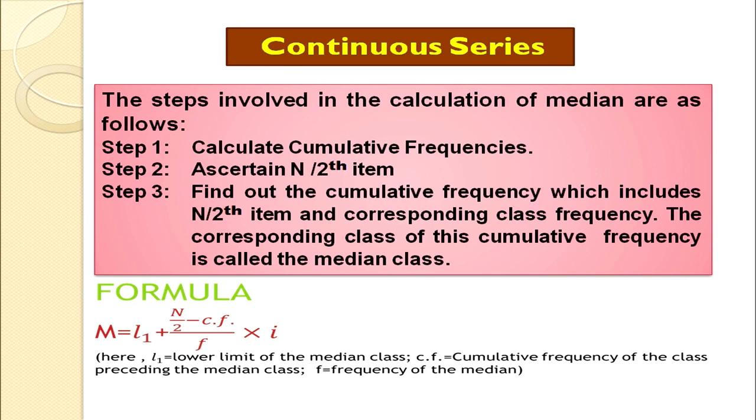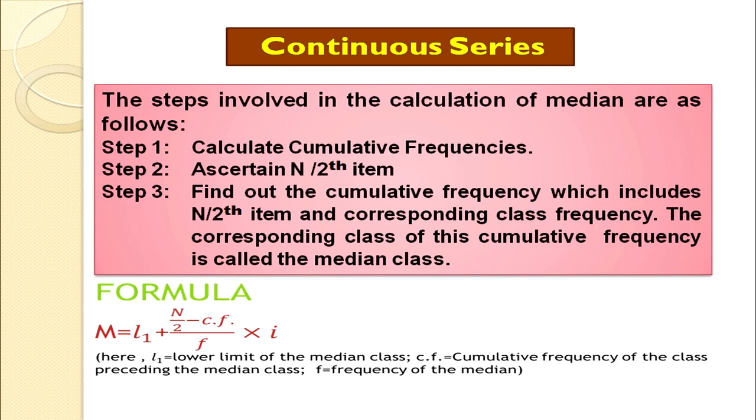So step 1, by arranging the data in ascending order, find out cumulative frequencies. Step 2, ascertain the n by 2th item. Step 3, find out the cumulative frequency which includes the n by 2th item and the corresponding class. The corresponding class of this cumulative frequency is called the median class.